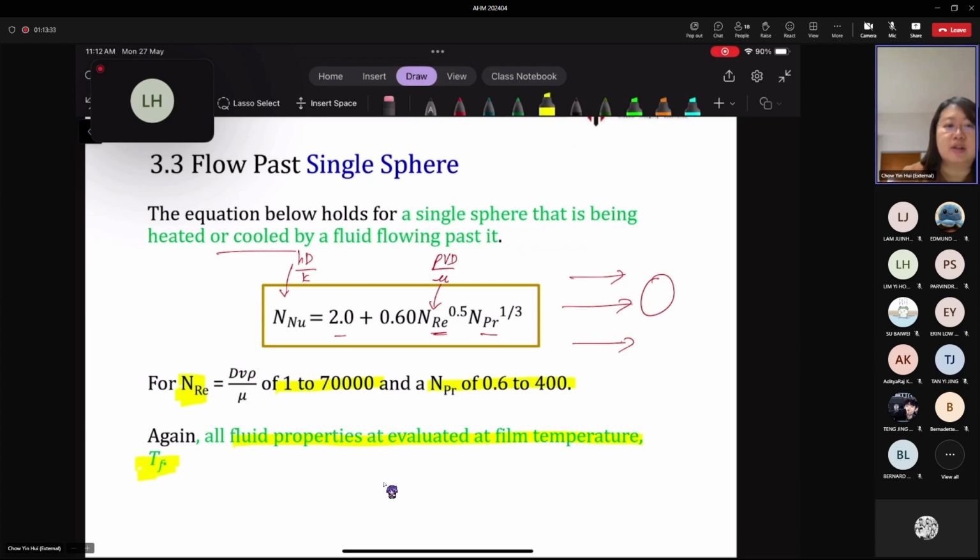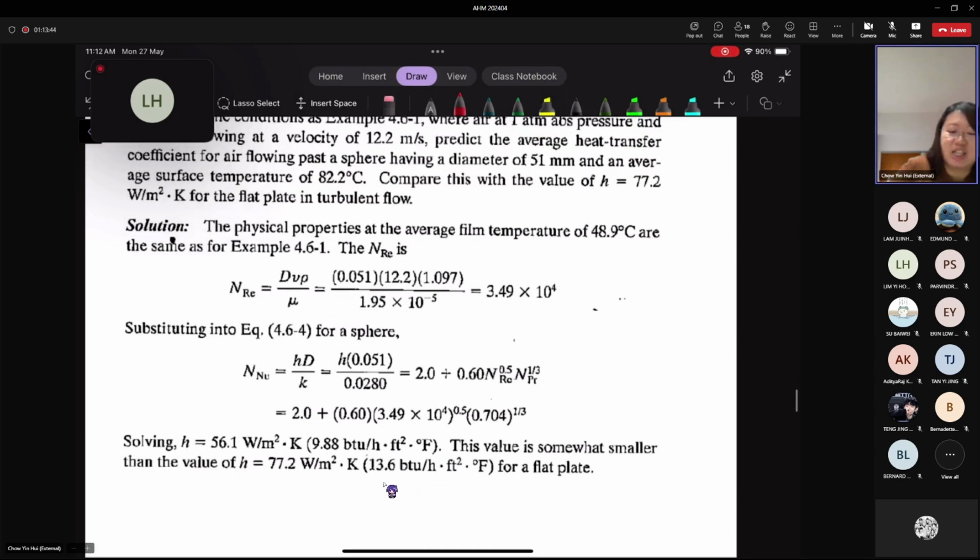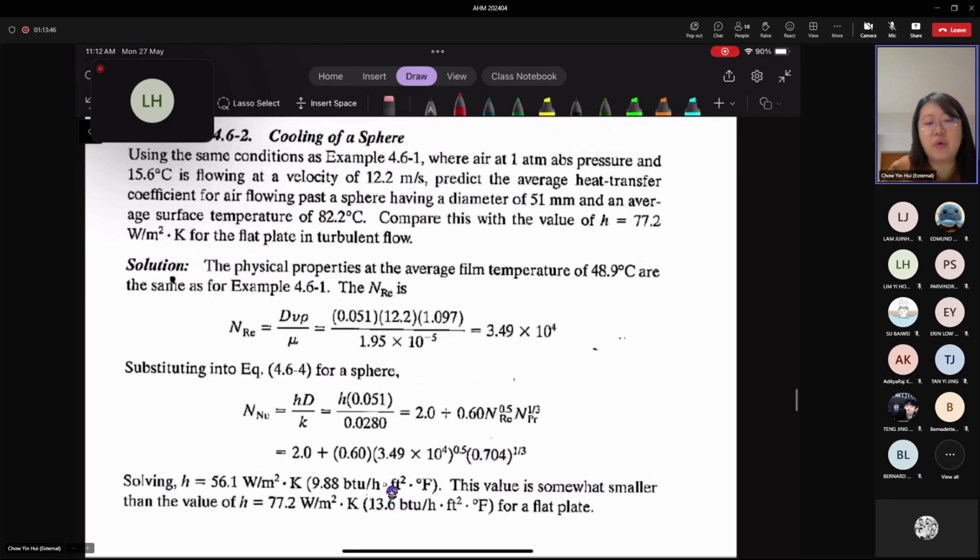Now let's look at the example and how we are going to solve it. I'll just brief you through this example because most of the data is the same as the second example just now.